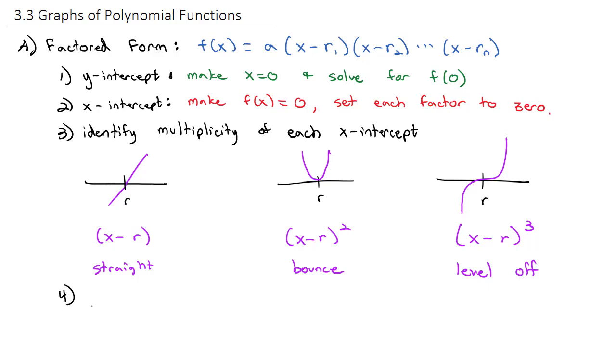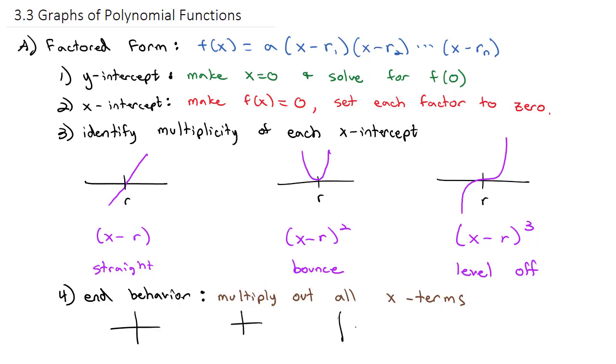Finally, the last thing we can look at is the end behavior of the graph. And the end behavior we can find by multiplying out all the x terms. And we'll look at what that looks like in our example. And you might remember that you've kind of got one of four options.